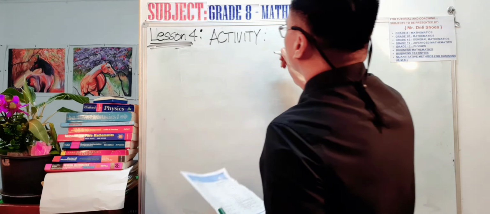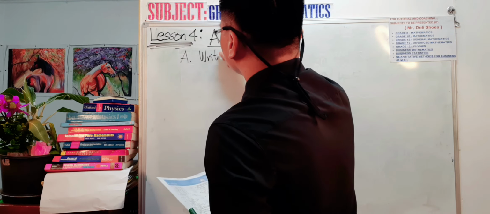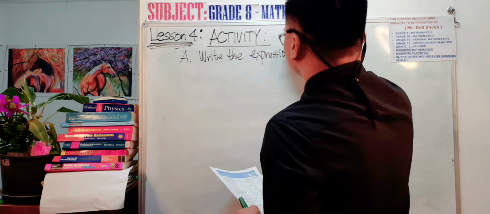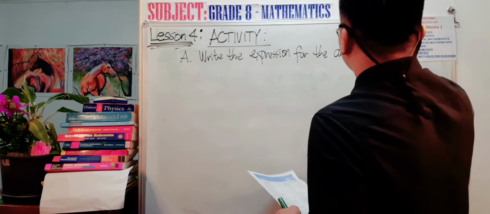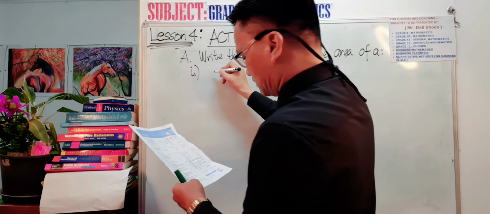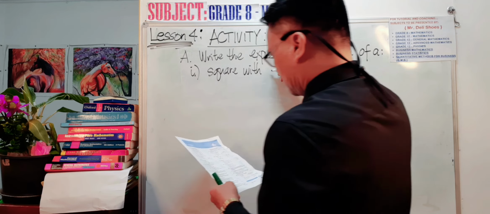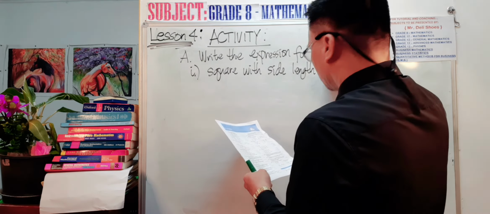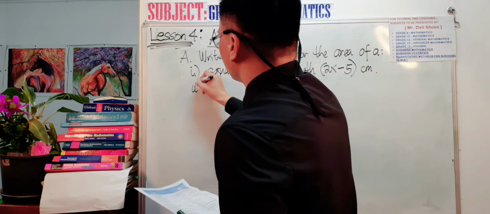My first activity question, letter A, is: write the expression for the area of a Roman numeral 1, square with side length 2x minus 5 centimeter.